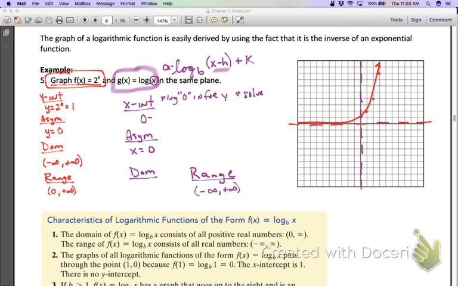So I'm going to have 0 equals log base 2 of x. So remember, the x is going to go to the other side, the 0 is going to go to the other side, so I have x equal to 2 to the 0 power. Remember, anything to the 0 power is just 1, so I'm going to have a point here at 1.